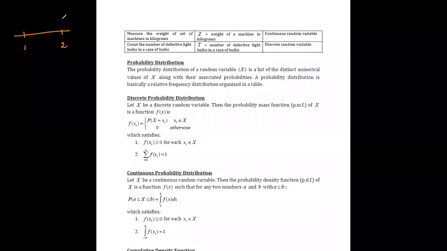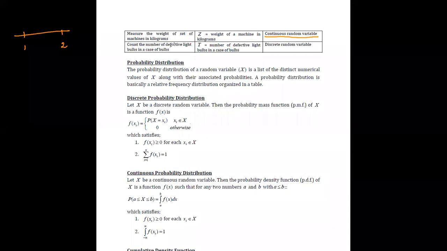There will be a gradual increment. You cannot have exactly 1 and then suddenly go to 2. Here we have an interval of values and we can identify infinitely many values in between these two values. That is why we can say this is a continuous random variable.